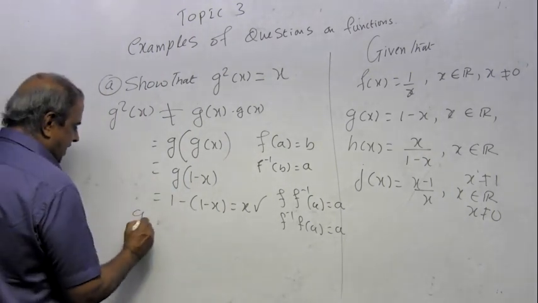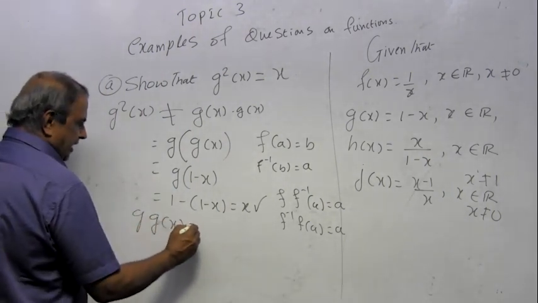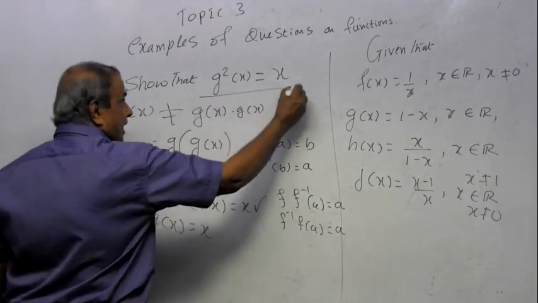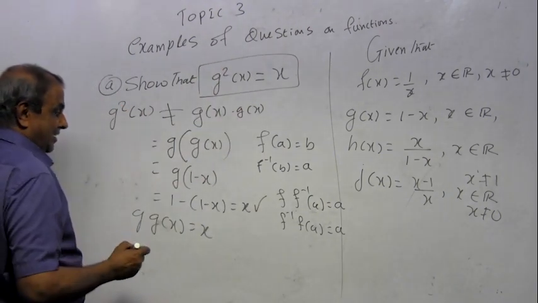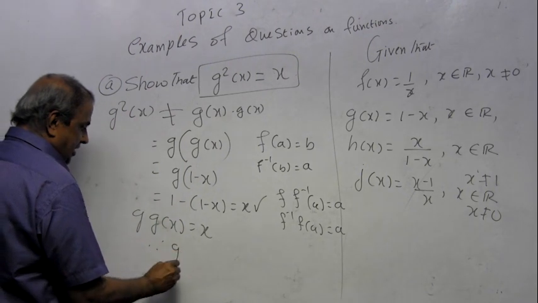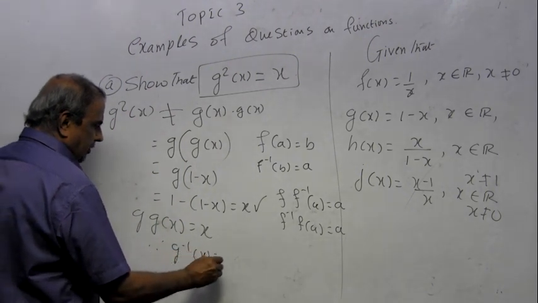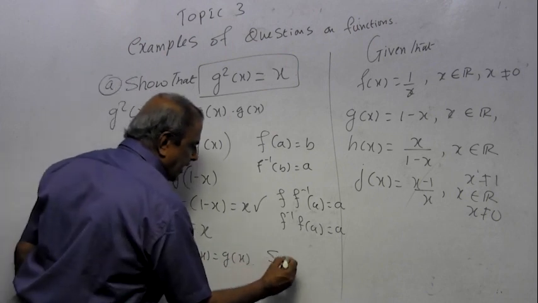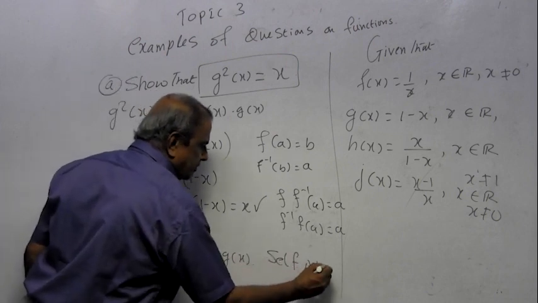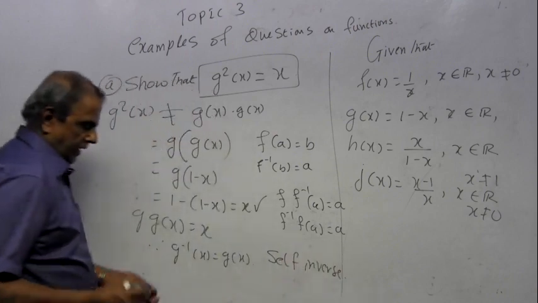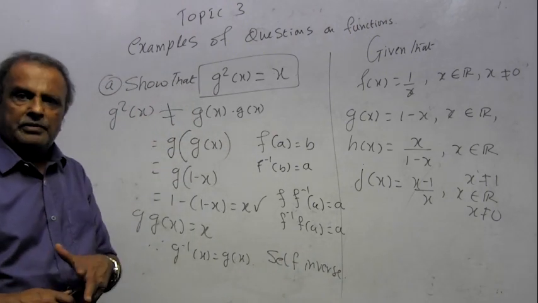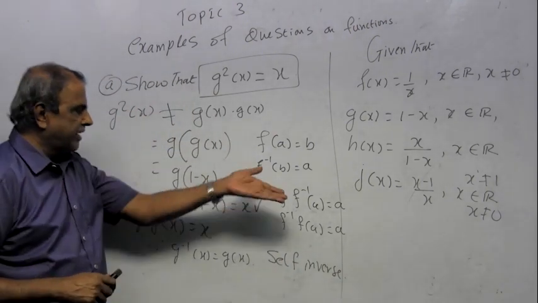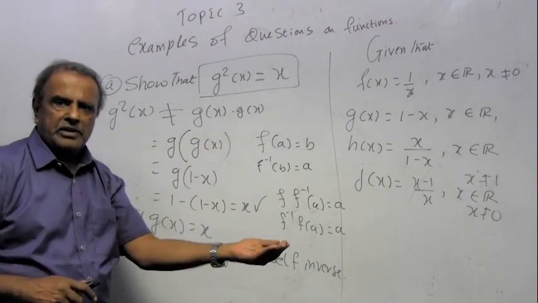So g of g of x is x, which is g squared of x is x. So therefore, g inverse of x equals g of x. G is called a self-inverse. If f squared of x is x, then f is a self-inverse.